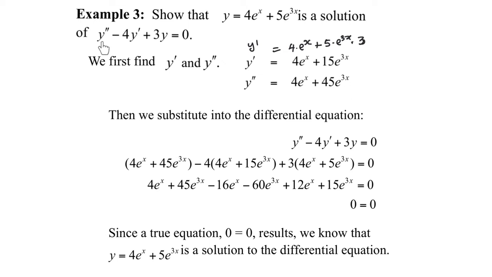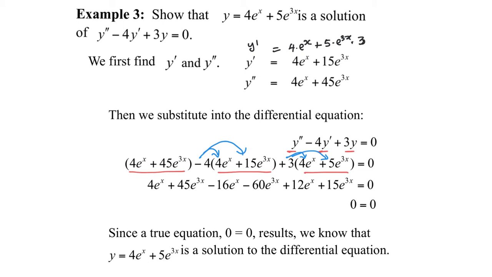Then we will replace this y double prime, y prime and y with these functions. So y double prime we replace, y prime we replace and y we replace. Then distribute 3 and simplify.